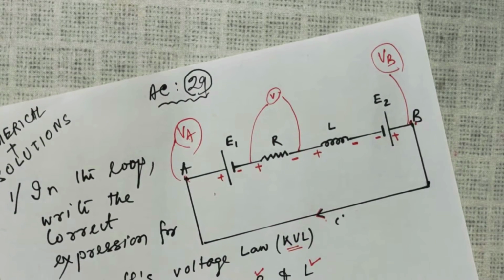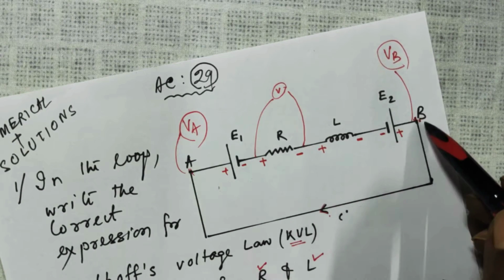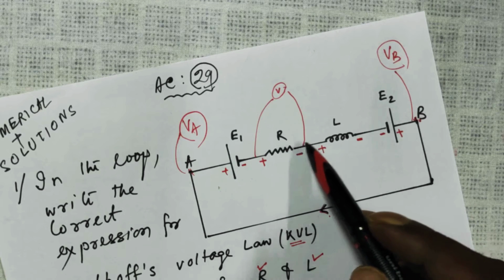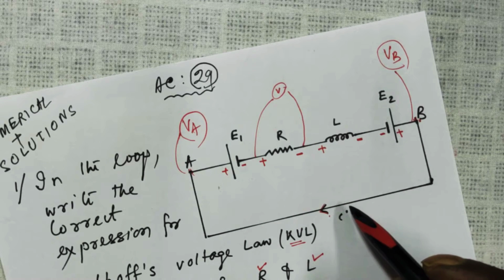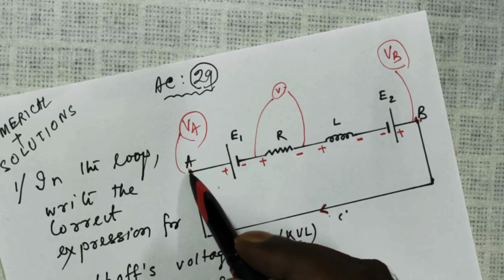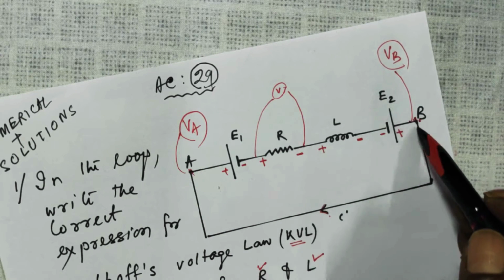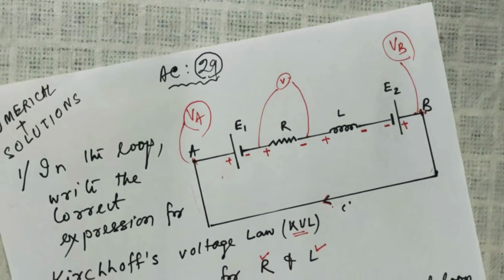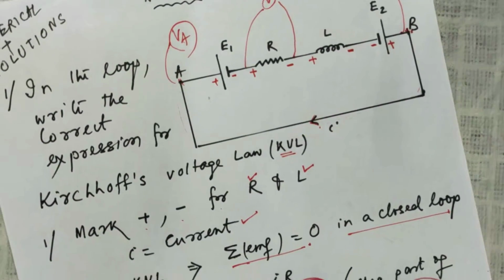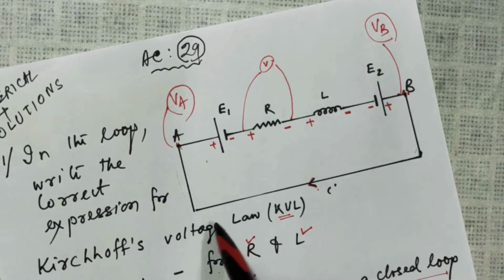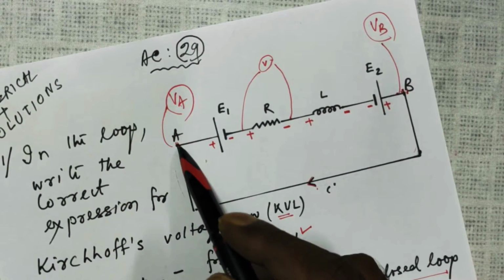From this point to this point along this path, there is no other element. There is no resistance, there is no inductor, there is no EMF. So going from A to B is the same thing as going from A to B like this. So let us go from A to B, then back to A along this path.